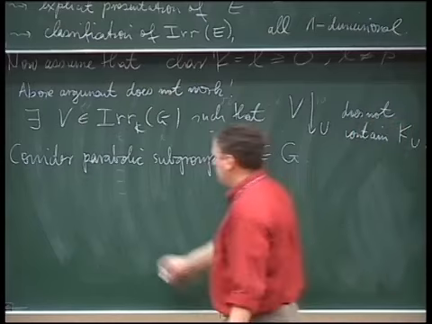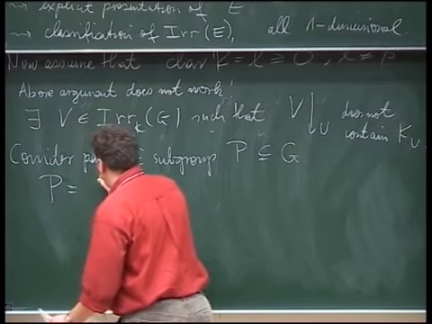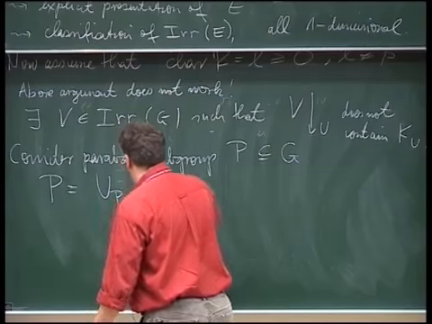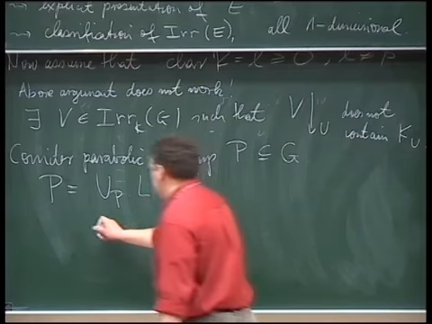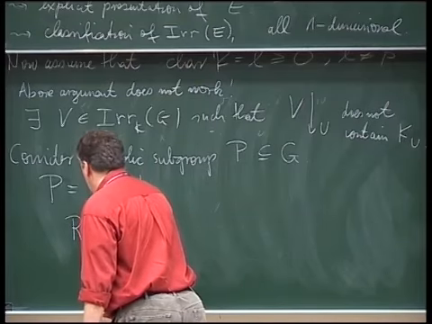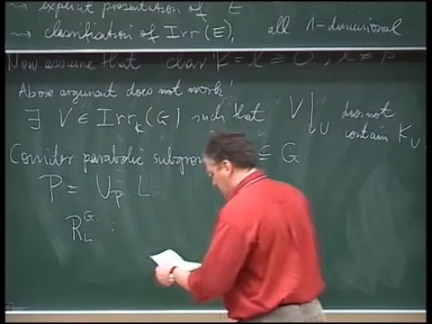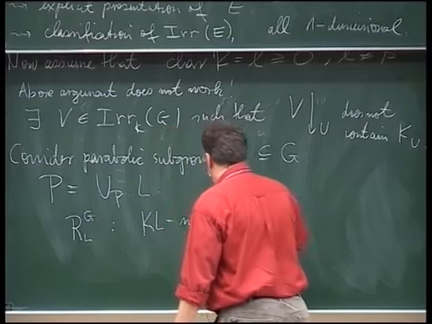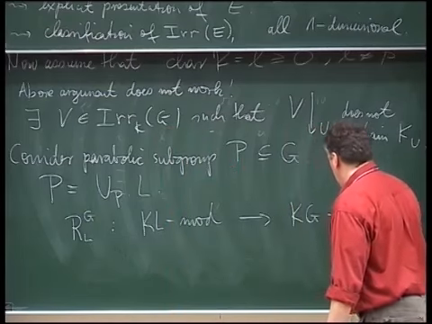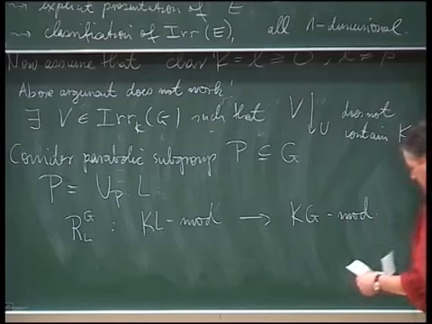Such a parabolic subgroup has a Levi decomposition, and using this decomposition you define two functors, R_L^G, which goes from KL-mod to KG-mod.